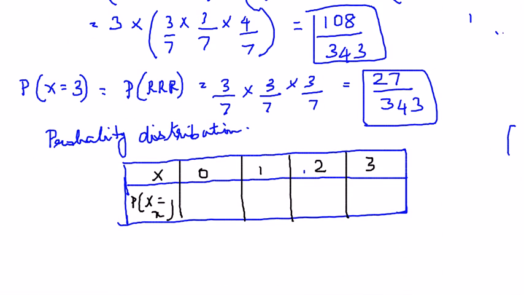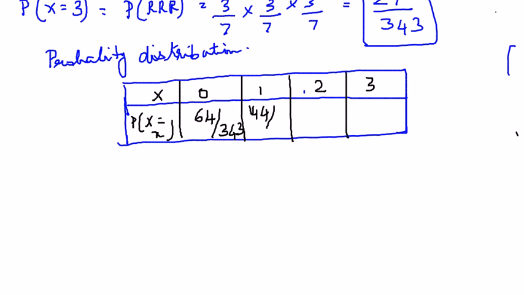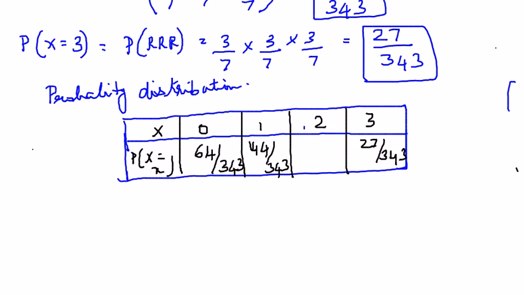So when x is equal to 0, what will be the different values? When x is equal to 1, for whatever answers we got, we are just putting it in the tabular column. And this was 27 by 343, and for 2 it was 108 by 343.